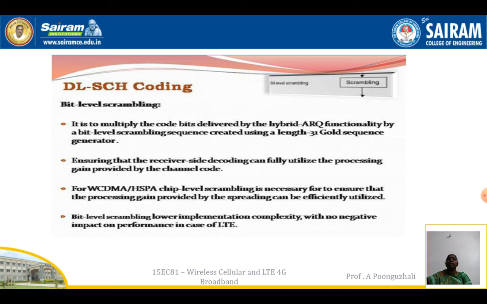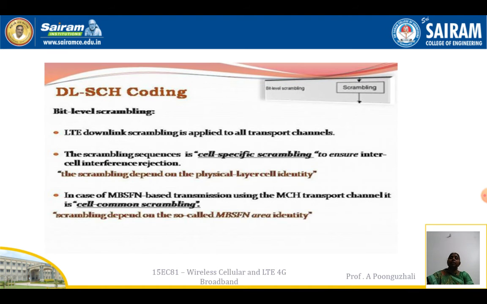In LTE we go for bit level scrambling because of the lower implementation complexity and no negative impact on LTE performance. So in LTE it is bit level scrambling, and in 3G it is chip level scrambling. Mainly we go for scrambling to increase the processing gain.